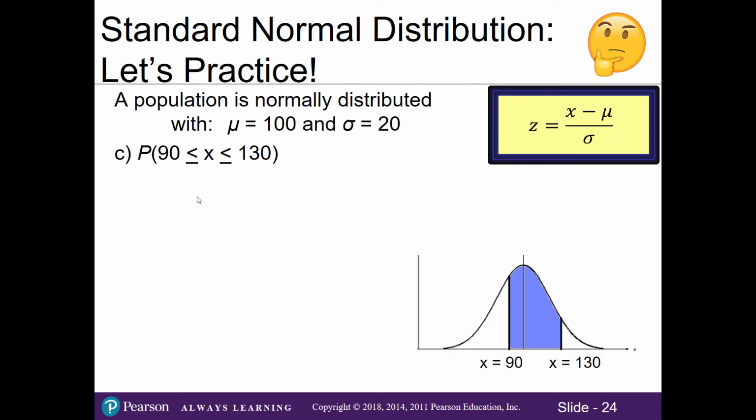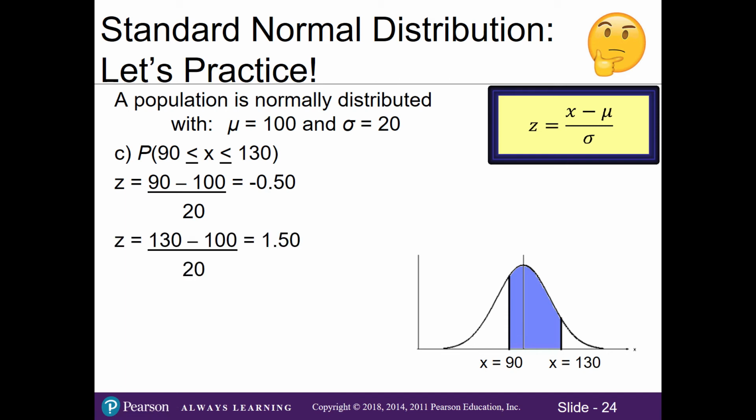Last, part C asks us to find the probability that x is going to be between 90 and 130. So here I'm mapping my x's between 90 and 130, and I know my mean is 100 because I'm given that in the problem. The nice thing is we've already calculated the z-values in part A and part B for 90 and for 130, so that saves us some time.